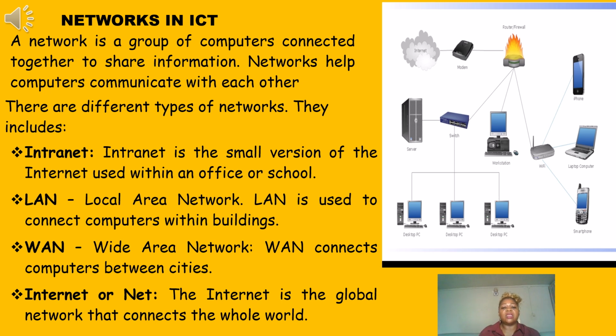The third one is WAN, which means wide area network. WAN connects computers between cities. The fourth one is the internet, or net. The internet is the global network that connects the whole world.